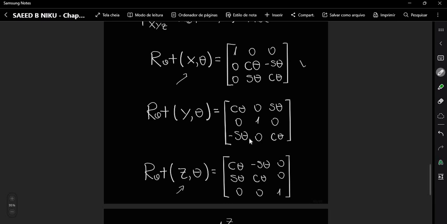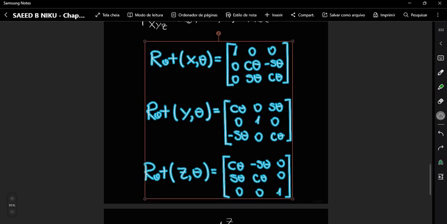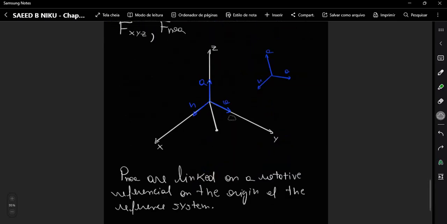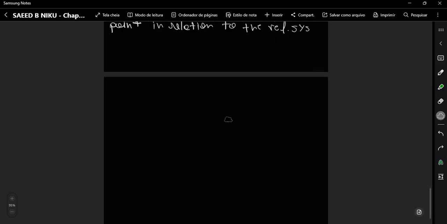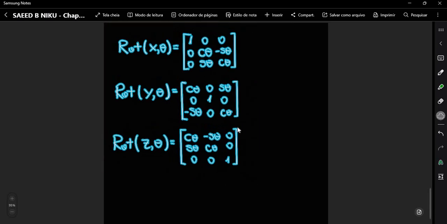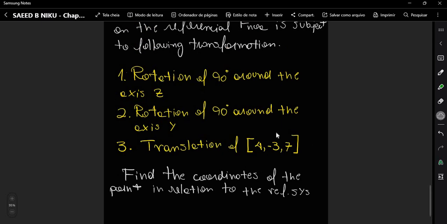And we have these characteristic matrices, and I'm going to copy this because we will use it right now. So let me copy this and paste right here and make it smaller.